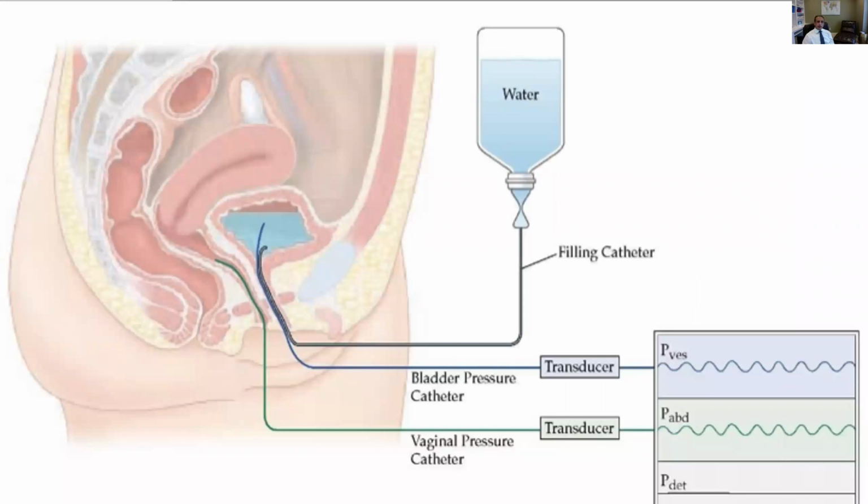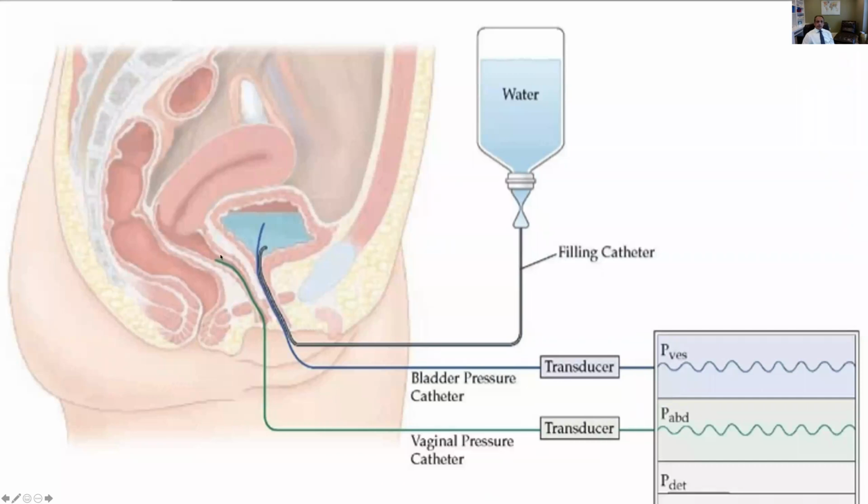So how do we do a urodynamics test? Normal saline or fluid is attached. It's typically a dual lumen catheter. One is the transducer, the other one is the channel for the filling. The other catheter is inserted either in the vagina or the rectum to determine the abdominal pressure.